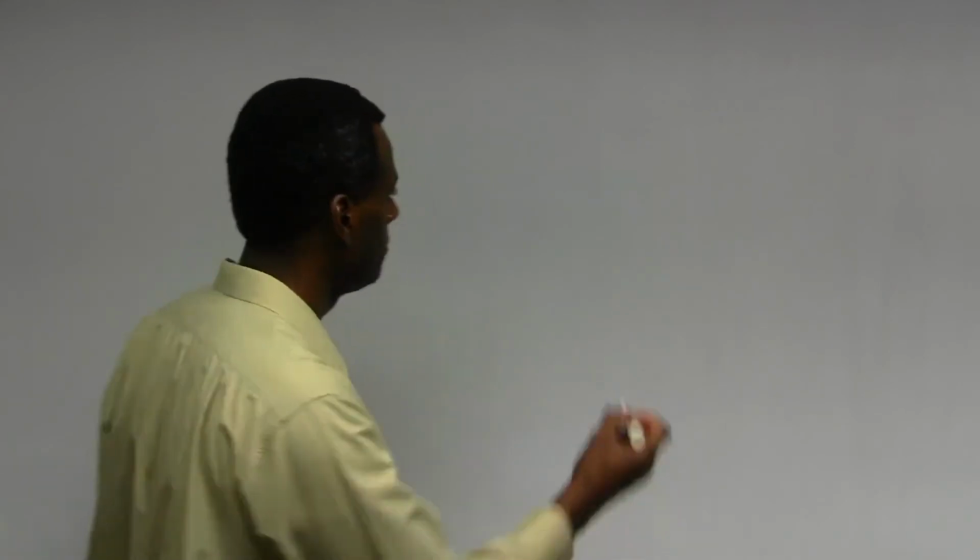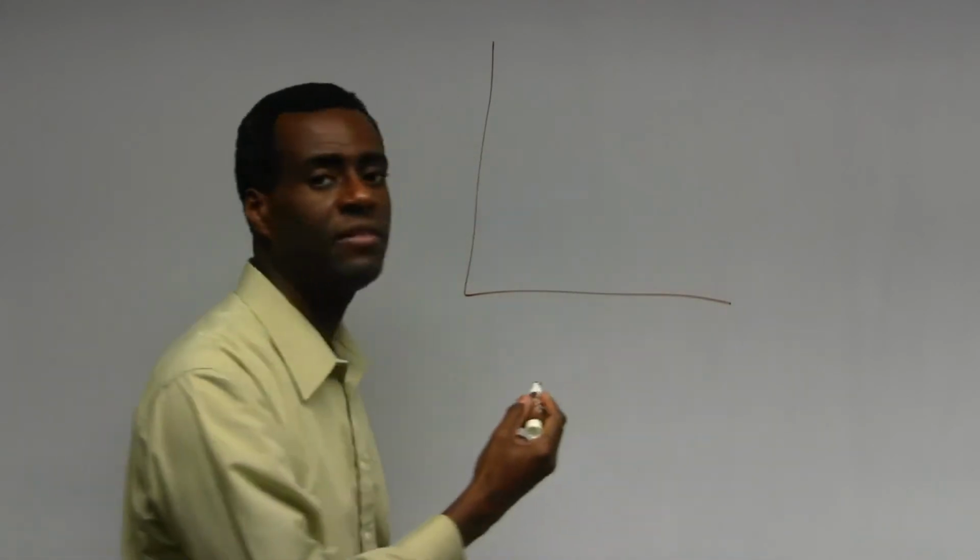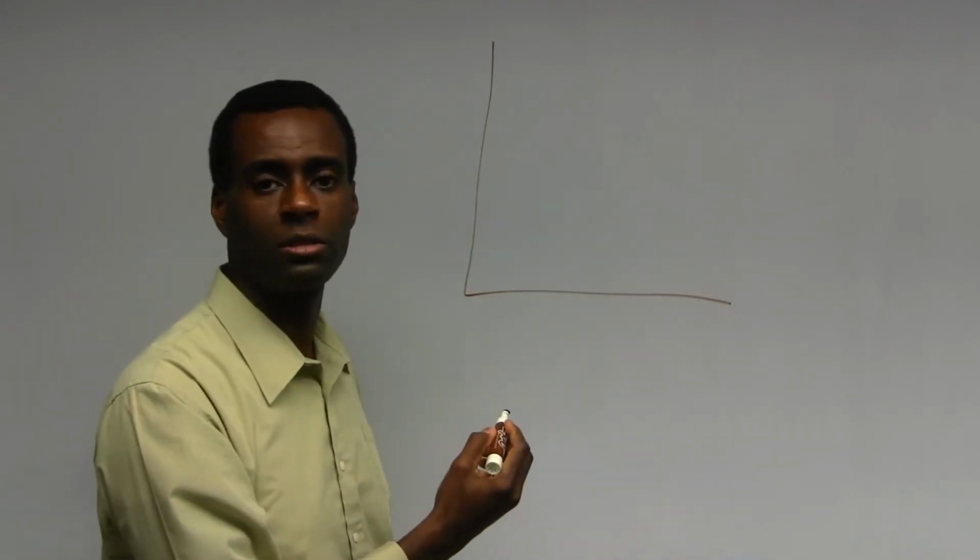The first thing we want to do is to draw a generic graph with a supply and a demand. We have a vertical and a horizontal axis.